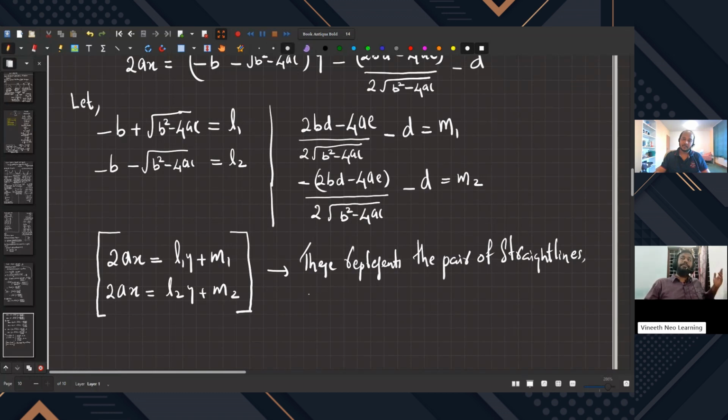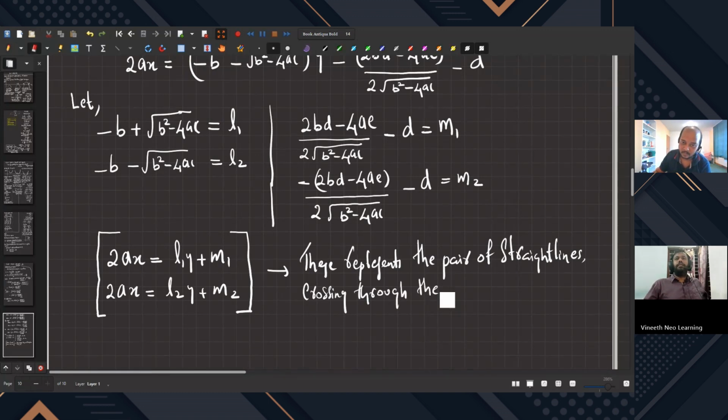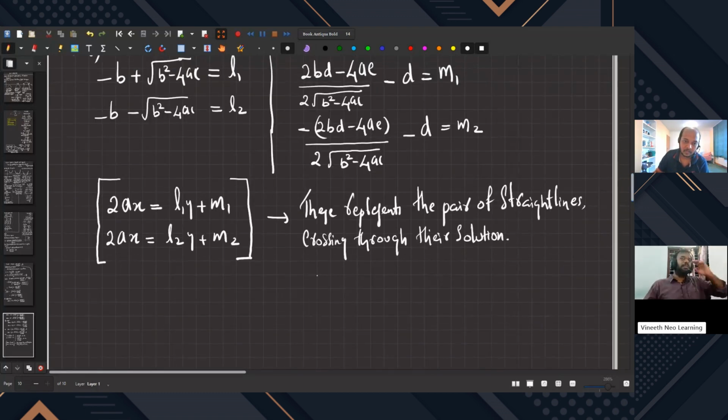Crossing through their solution. And that solution can be found by solving these equations.